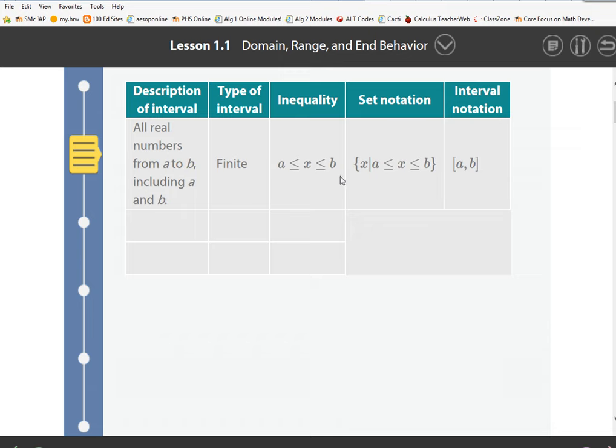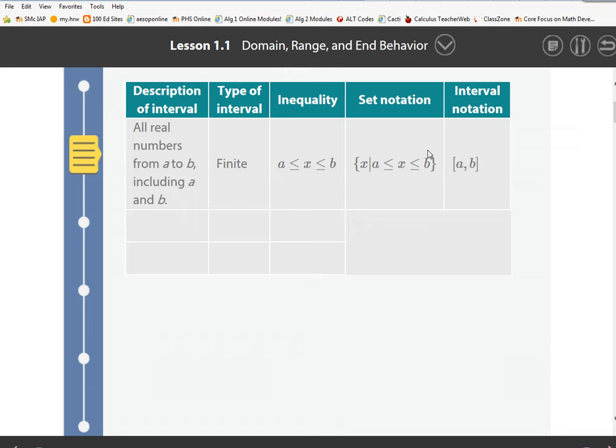Okay, so let's compare that to these other notations, and this is where I think this might be a little bit new to you. So if we write that in set notation, we just started talking about that yesterday. For now, set notation is no big deal. What's the difference? Well, the only difference is we're going to include the set inside curly brackets, because that's how we write sets.